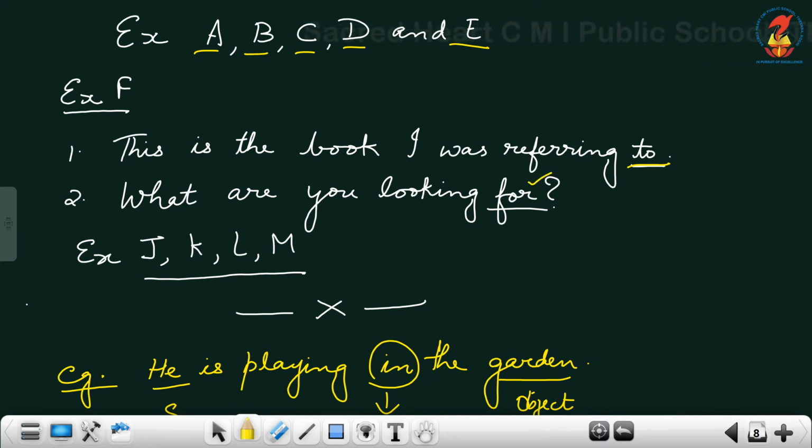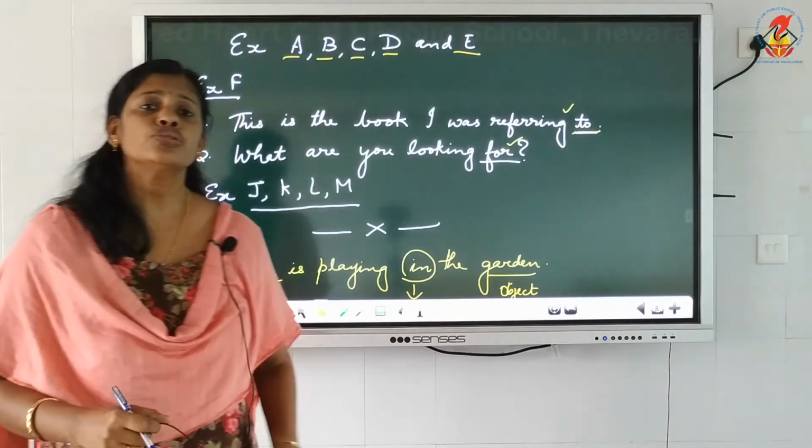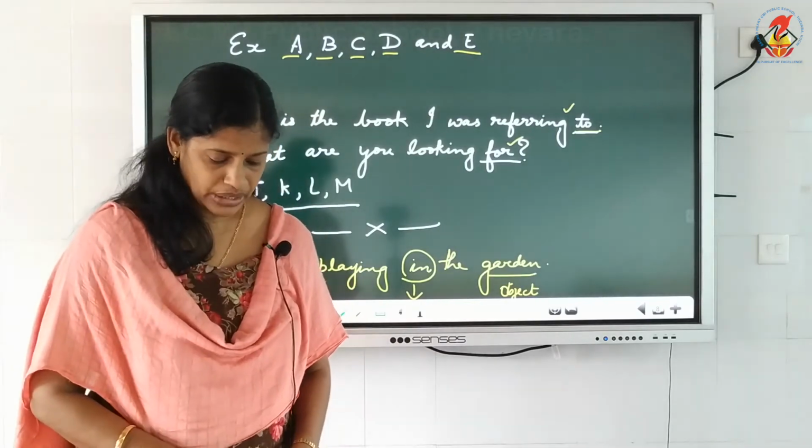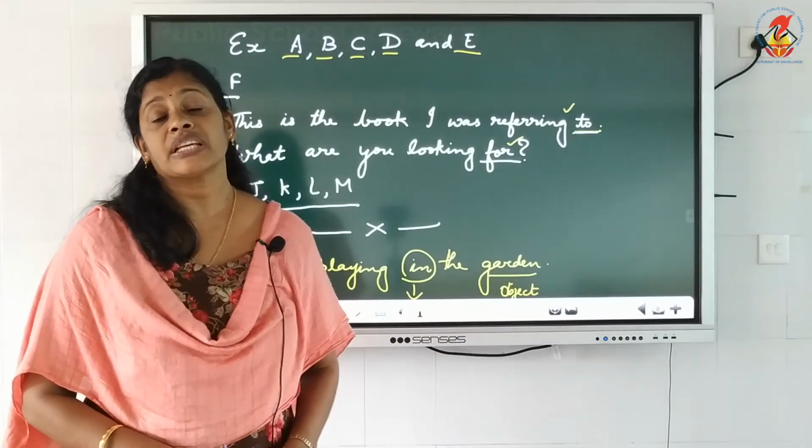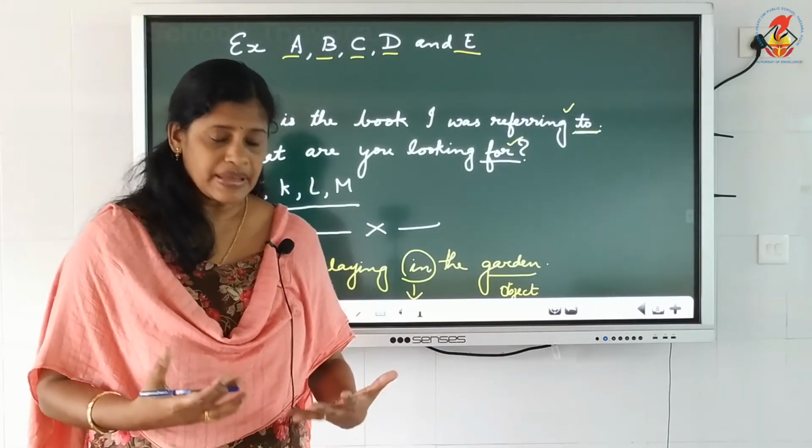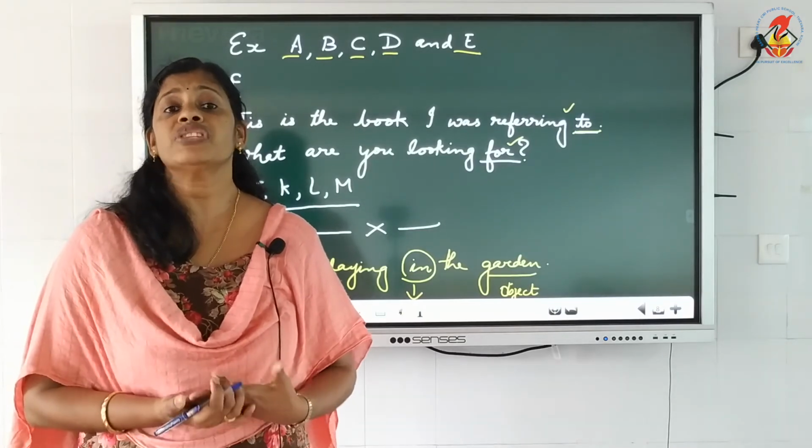This is the preposition. Now in the exam, children, you get prepositions as choose the correct answer, or you can be asked to fill in the blanks with the correct preposition. There can be many words which can be filled in.